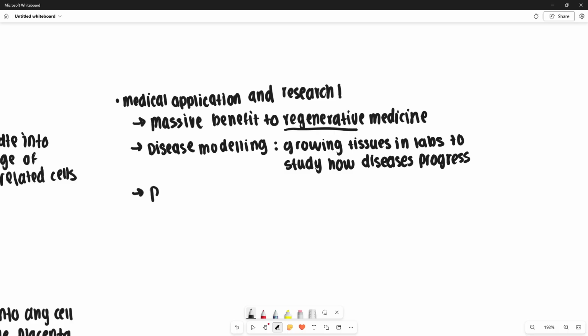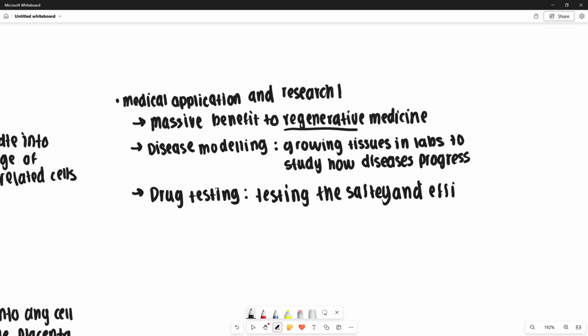So, drug testing. So, testing the safety and efficacy of medicine on human tissue.